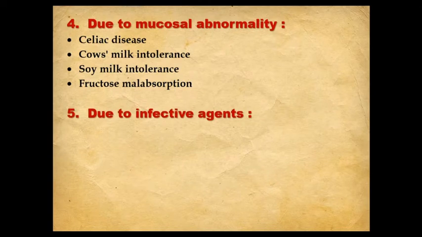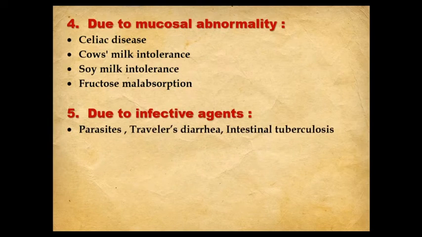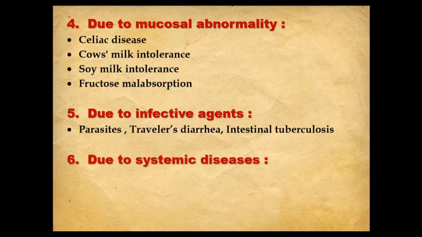The fifth group of causes is due to infective agents affecting the absorptive function of the wall of the intestine, like parasites, traveler diarrhea, if you remember, and intestinal tuberculosis.